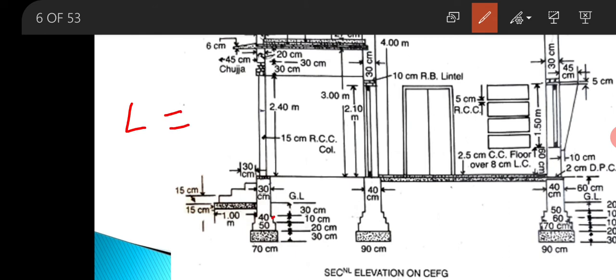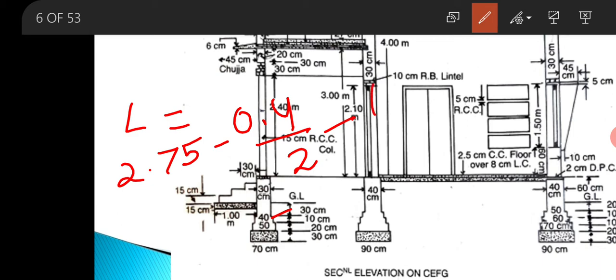So 40 centimeter is the second footing. So from the center to center length of 2.75, we will subtract from one side 0.4 by 2 and from the other side 0.6 by 2. Clear? So this will give you the length as 2.25.